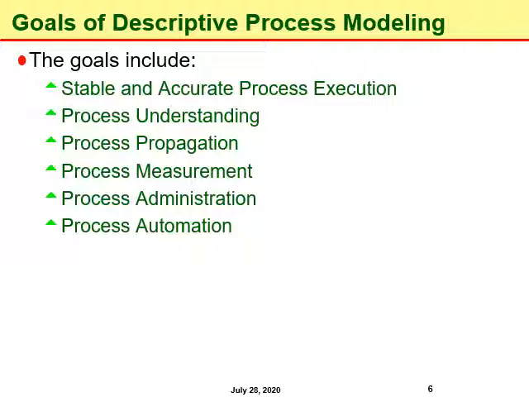Aspects that are commonly measured in a process are its productivity, that is the amount of output produced versus the resources invested in producing it, its ability to deliver results on time, and its ability to detect and correct product defects as early as possible, among many other aspects.